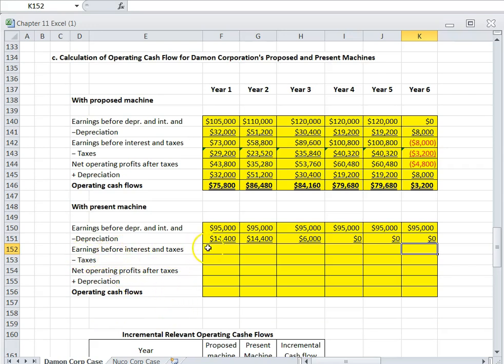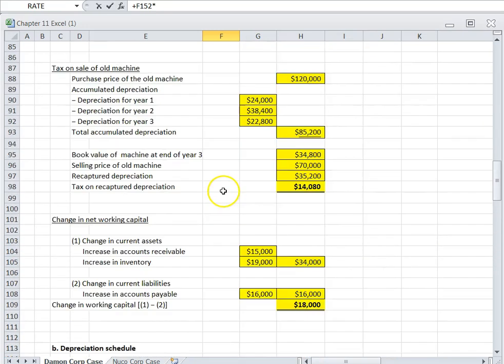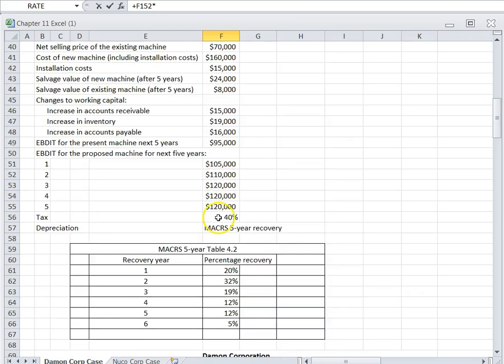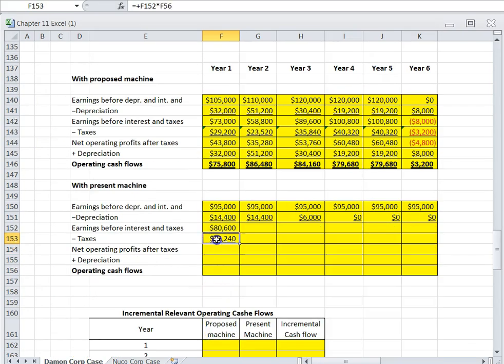Okay, so this is just a formula where we take our earnings and subtract the depreciation. And our taxes, again, is a formula where we just multiply by the 40%. Here, and I'm going to lock that down by hitting F4. And then this is also a formula where we take our earnings and subtract our taxes. Going to add back our depreciation, and then our operating cash flows are going to be our earnings plus depreciation.